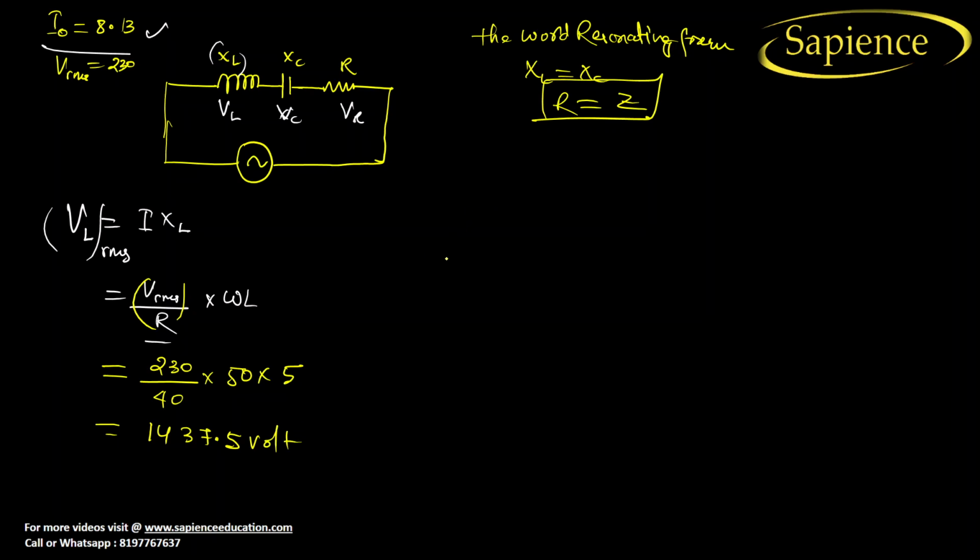Now the next part is the voltage across the capacitor. This was the voltage across the inductor.